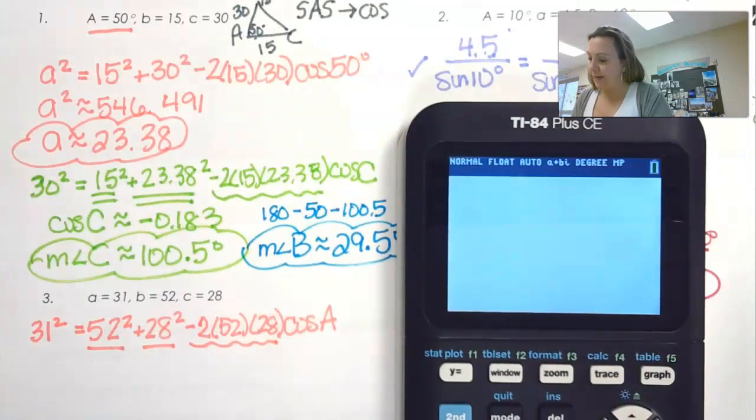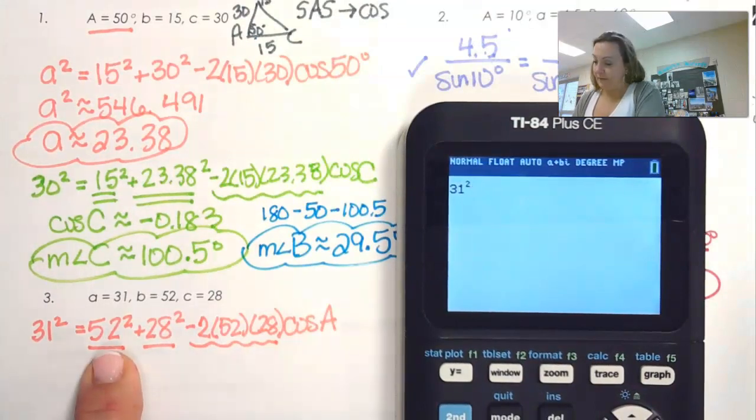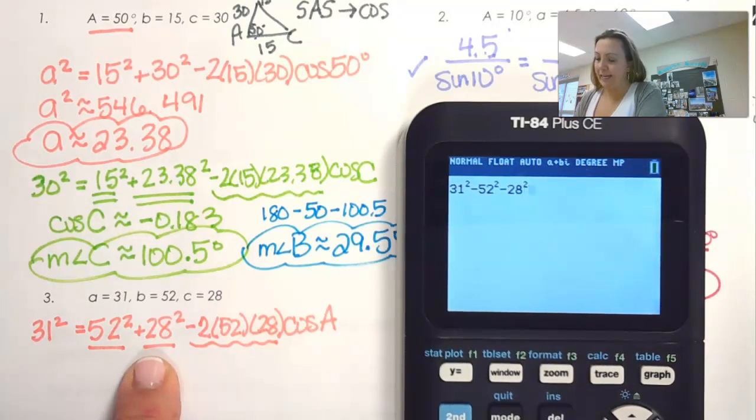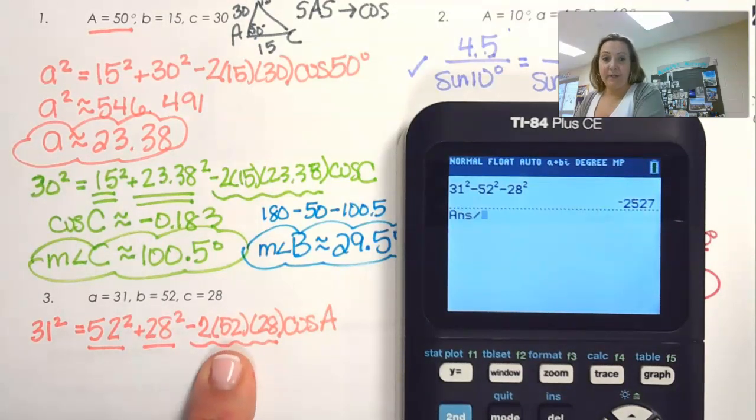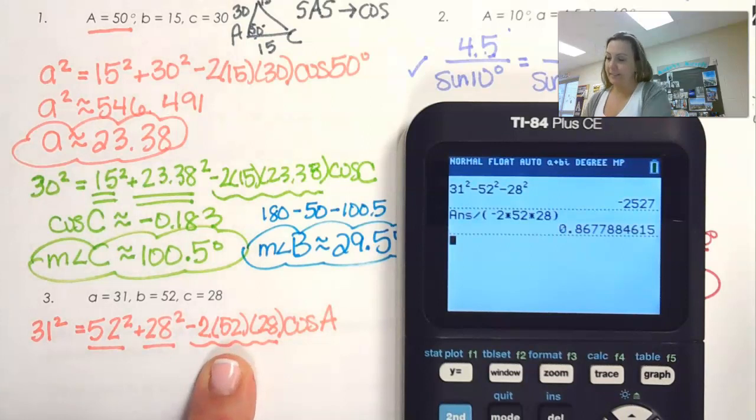Okay, so again, 31 squared, I have to subtract off 52 squared, and also subtract off 28 squared and move those over to the other side. Then I'm going to divide by all of this, by -2 times 52 times 28. Again, put that in parentheses.